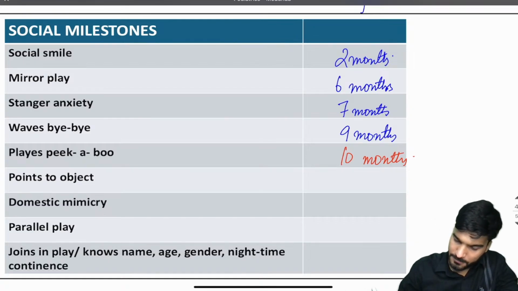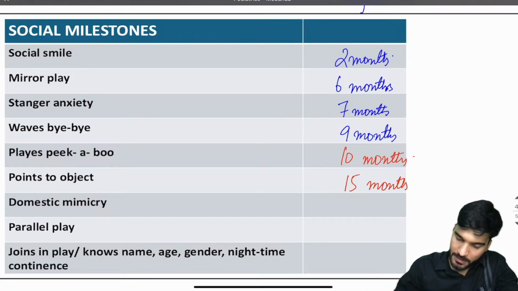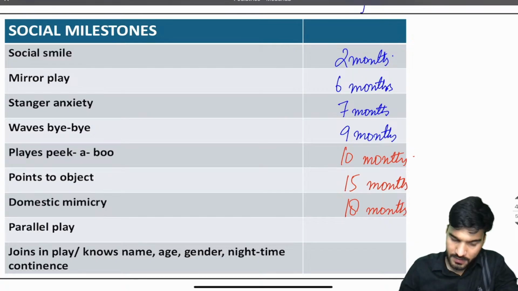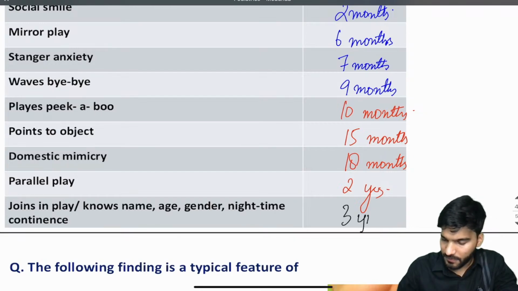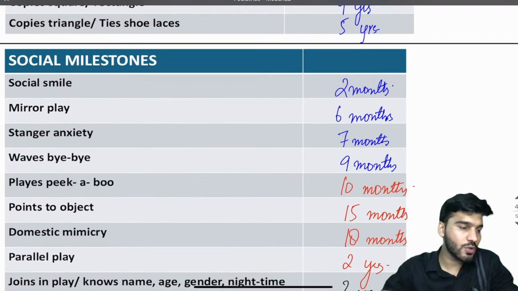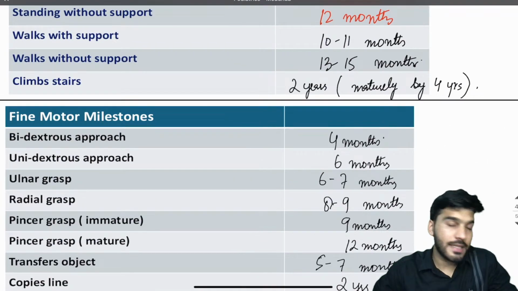Points to object, 15 months. Domestic mimicry, 18 months. Parallel play is 2 years. And nose, name, gender, nighttime continence, that is 3 years. So these are all the social, gross and fine motor milestones.